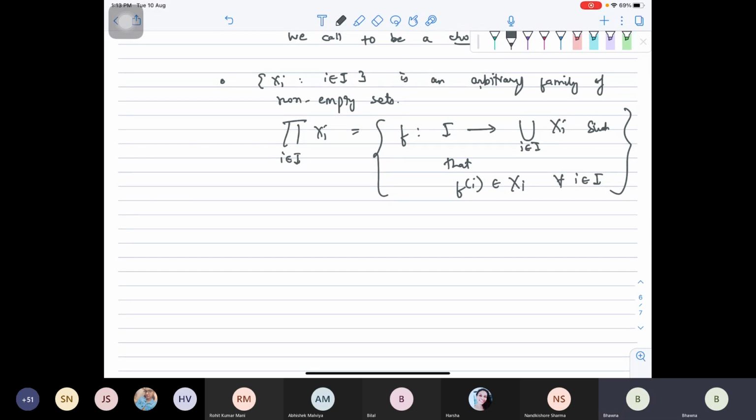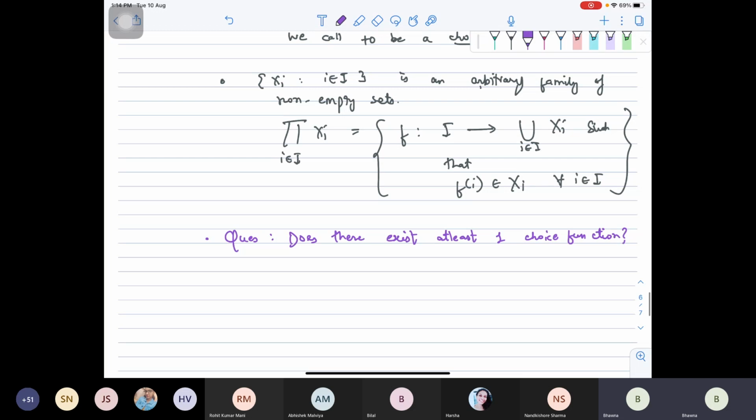All Xi's are non-empty, and I'm defining the product of Xi to be the collection of functions which satisfy this condition. But the question becomes, does there exist at least one choice function?